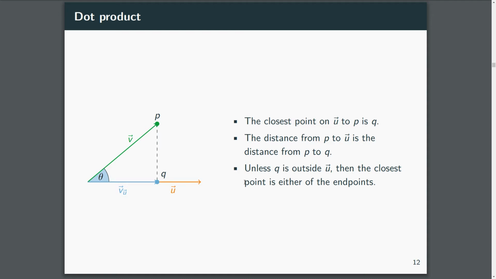Maybe that's misleading. Not straight down. So you could imagine that u is rotated in a different way, and v is rotated in a different way as well. And you're going to take the shortest path straight to u.